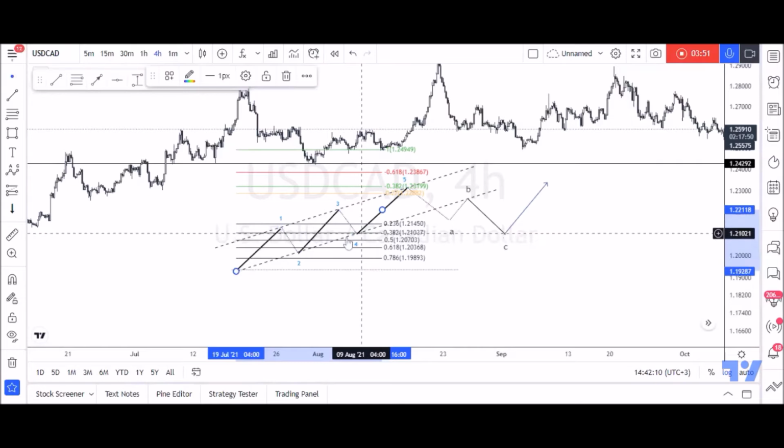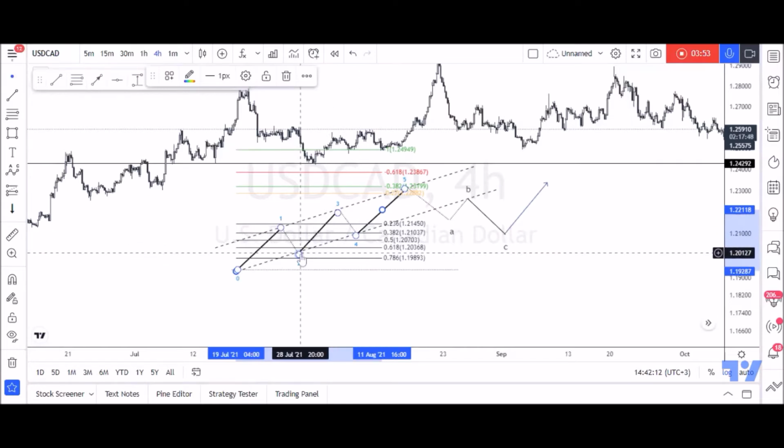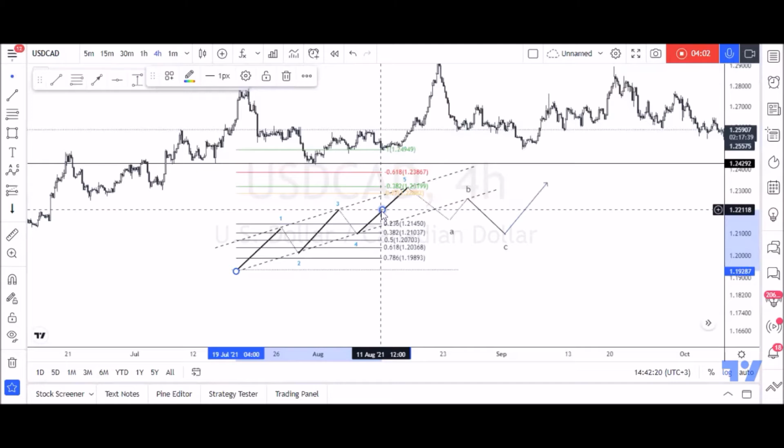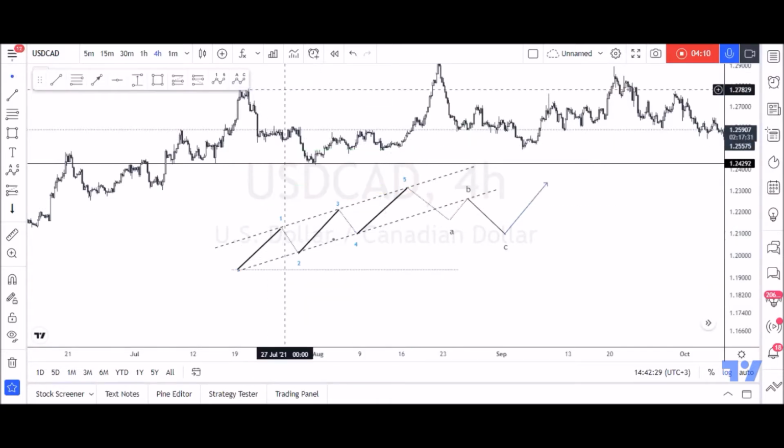So you realize that we have 0.618 and 0.382. That is where now you can start looking for buy signals from that level. That is the strongest support level where most of the market moves and bounces from.